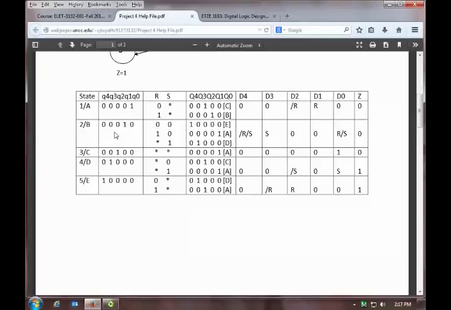The other states we don't care about. So even if this was a 5 by 5 Karnaugh map, everything would be 0 or don't care except for this one. So the only input that matters here is always going to be 0, except for when we have Q1 and not R and not S.